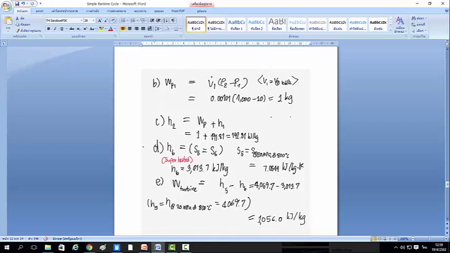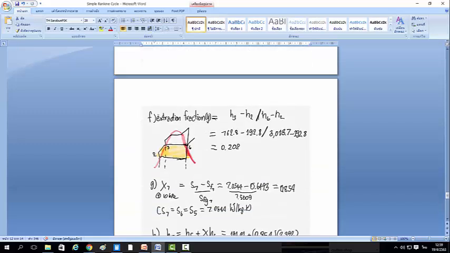S6 you can find from this, and S5 you can find from this in the parenthesis, and then we got this number. And the extraction fraction, or y, you can find by this area.